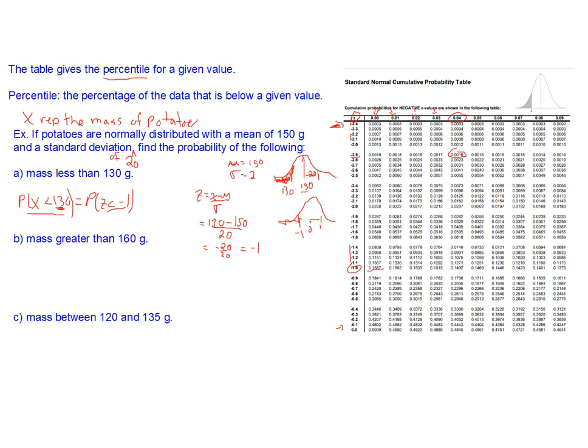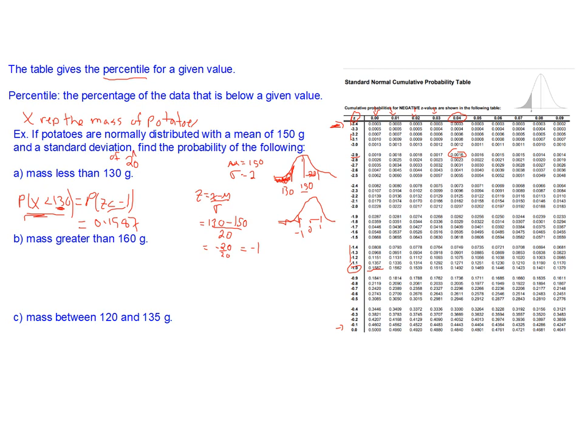So the probability that Z is less than negative 1 is equal to 0.1587. That means there's a 16% chance, almost 16% chance, that the mass of a potato chosen at random is less than 130 grams.